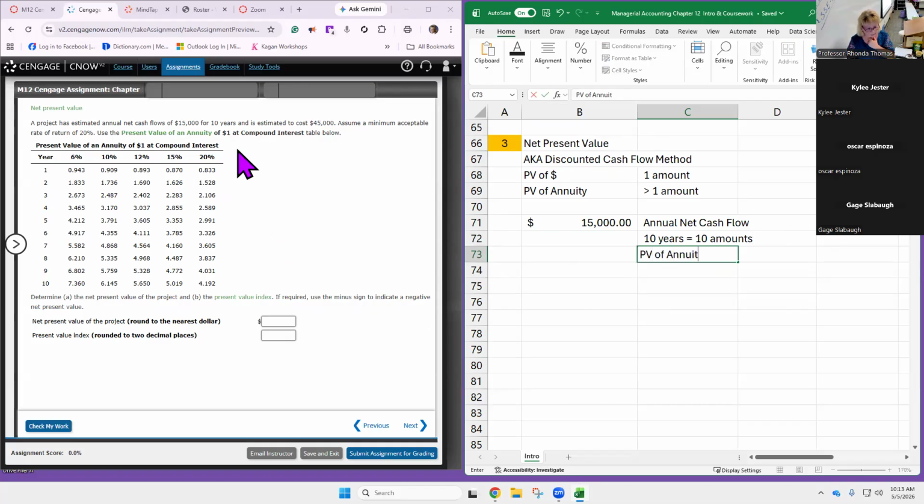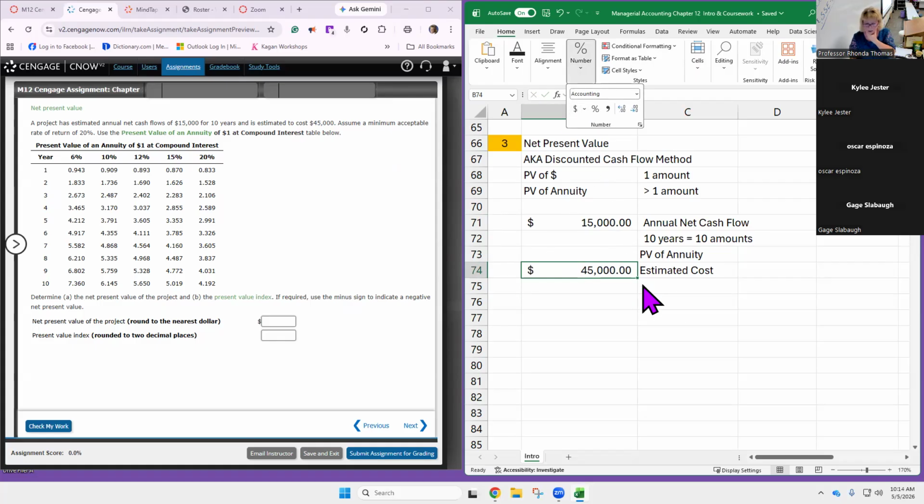Now let's see, here is the estimated cost, and then they have a minimal accepted rate of return. The estimated cost is 45,000.